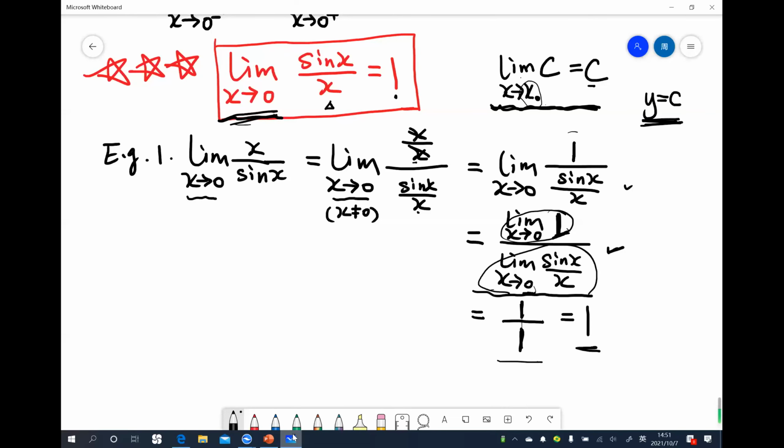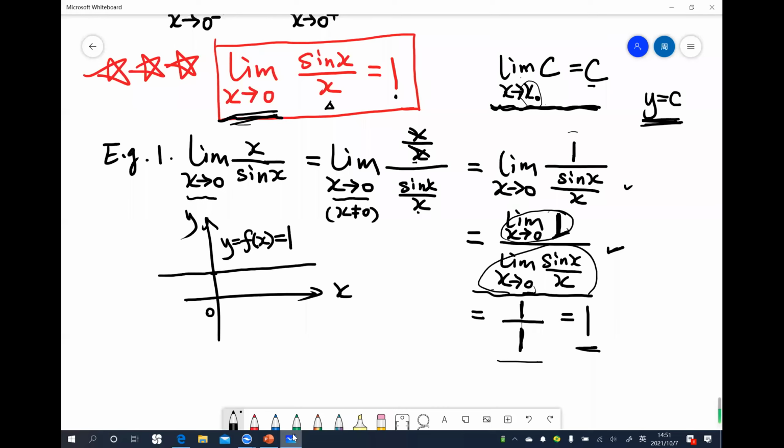For example, I will draw an example here. I gave you a function f(x) equals 1, or we can write it as y equals 1. And from the graph, we know y equals 1. This line is the graph of this function.